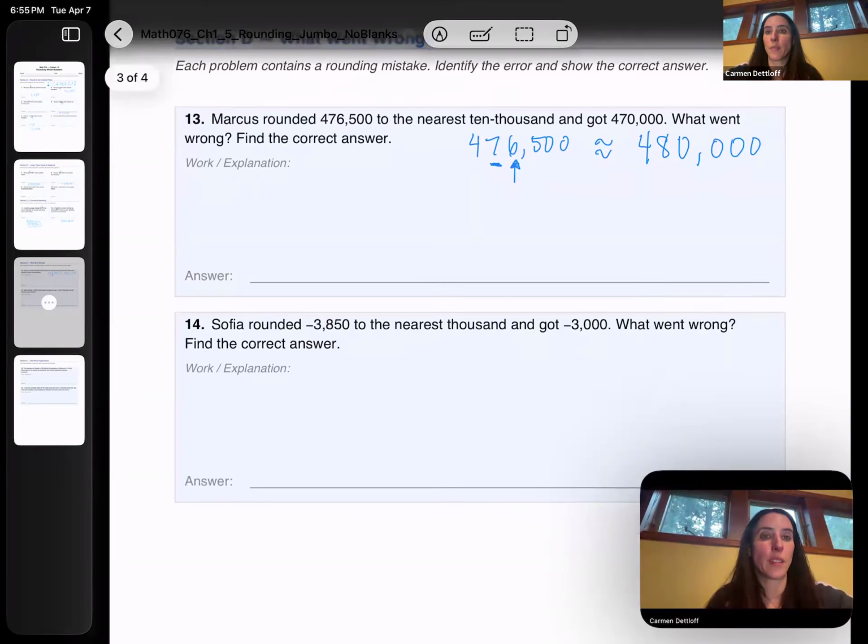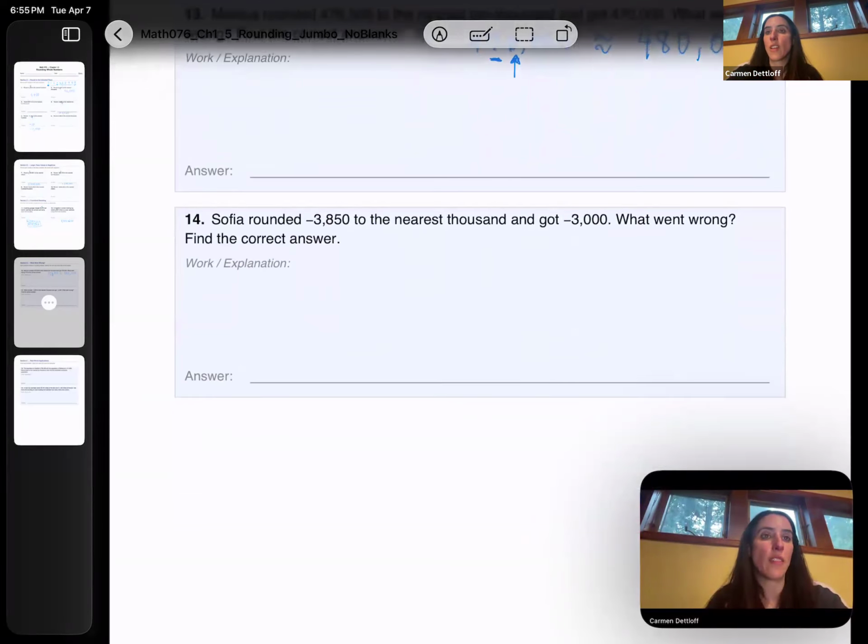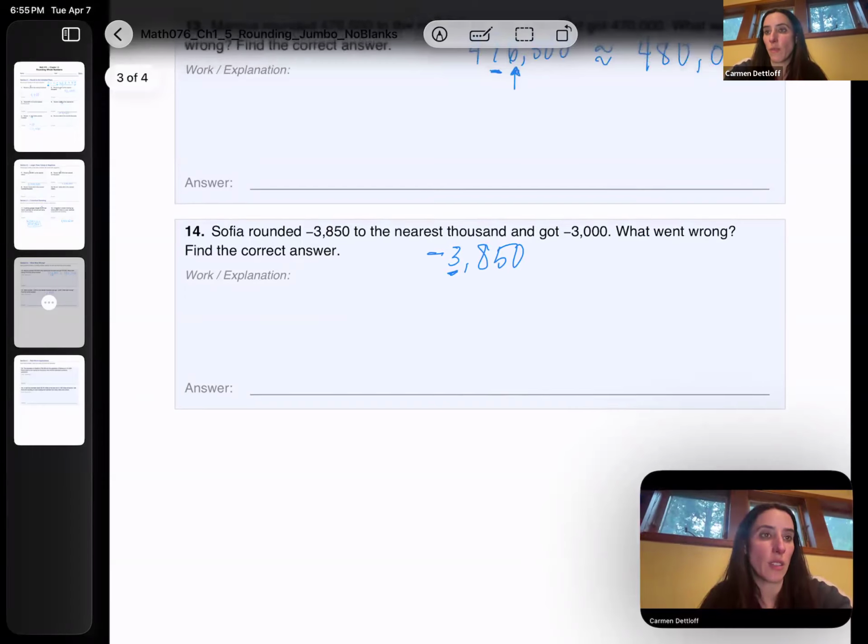Okay, number 14. Sophia rounded negative 3,850 to the nearest 1,000 and got negative 3,000. What went wrong? Let's look at my original number, negative 3,850. So I'm rounding to the nearest 1,000. And I look at the digit beforehand.